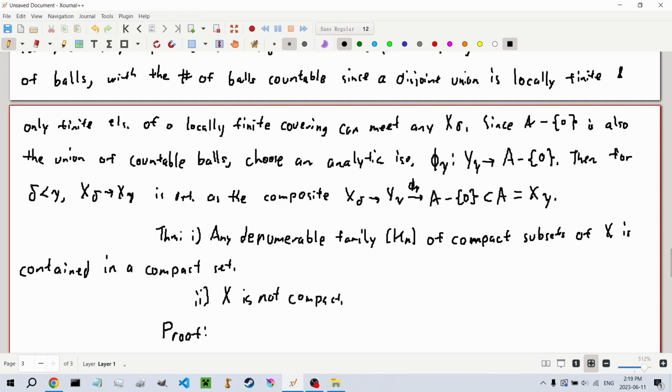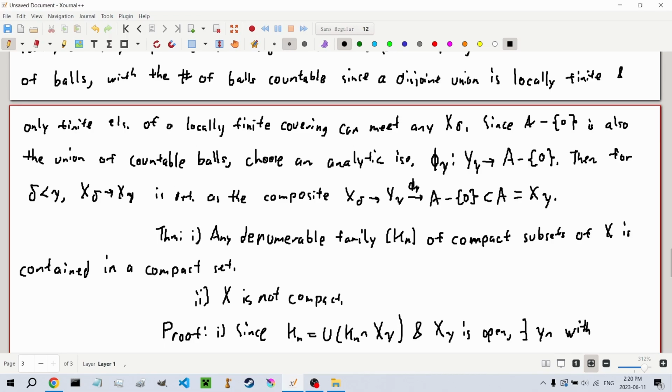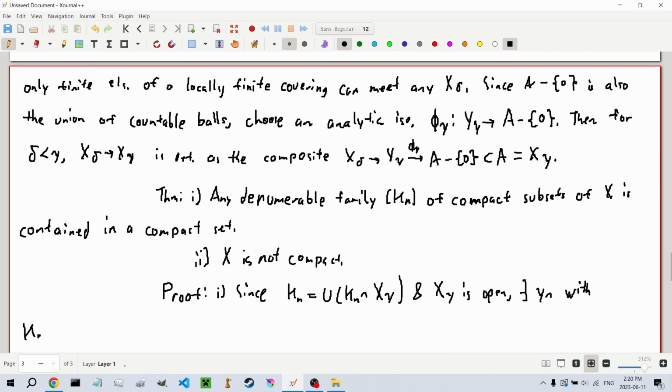And proof of 1: since k_n can be written as the union of each k_n intersecting x gamma, and our x gamma is open, there exists a gamma n with k_n being inside x gamma n.